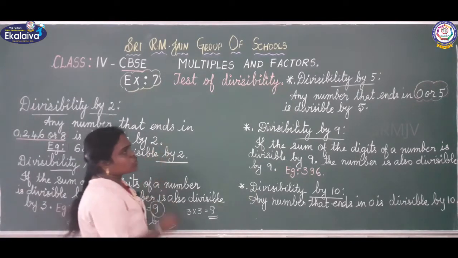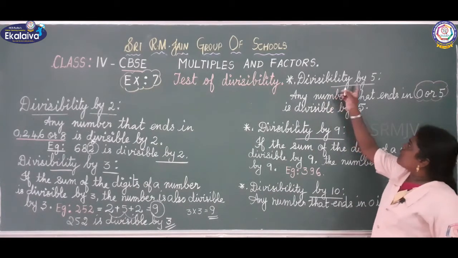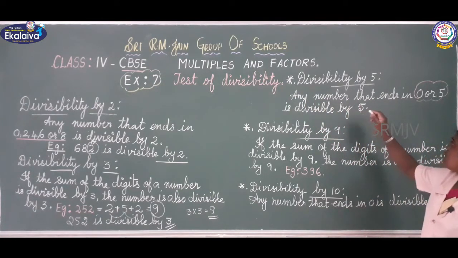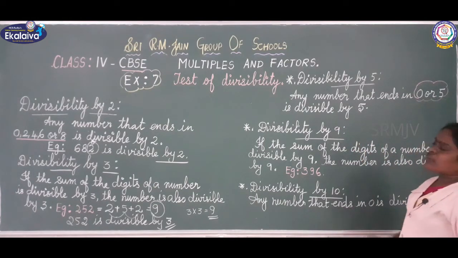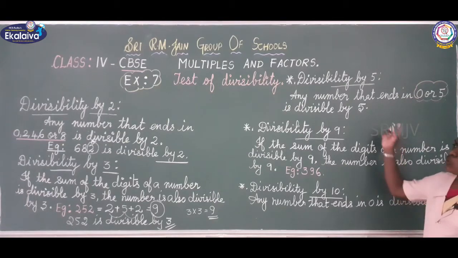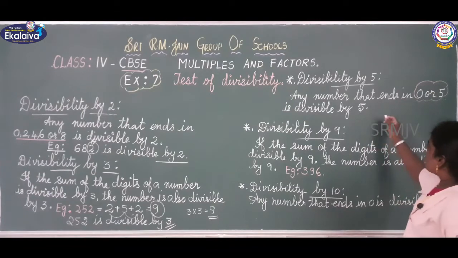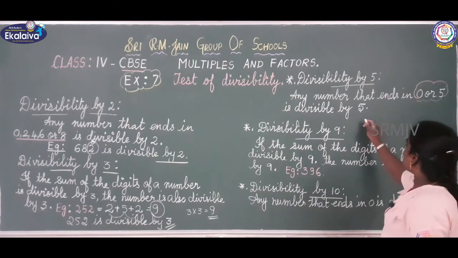Now let us move to the next rule, divisibility by 5. The rule is any number that ends in 0 or 5 is divisible by 5. So here also, like the rule we learned for 2, we have to check the ones place to check the divisibility of 5.